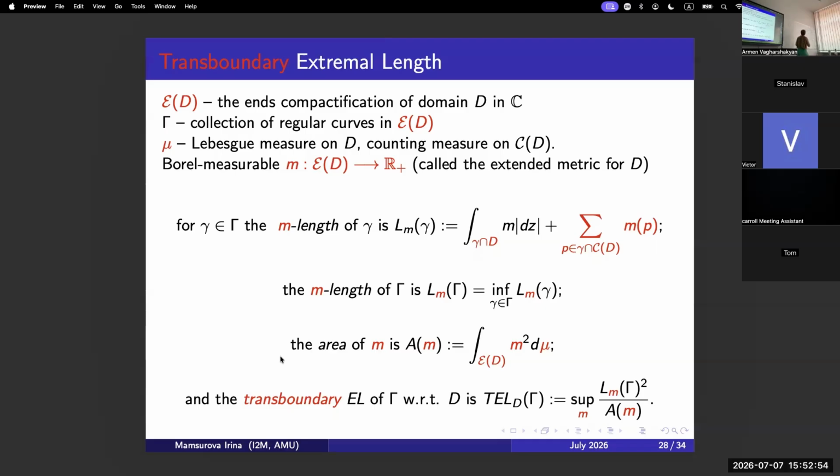So if we had a domain with a hole, before we couldn't say anything for a curve like that. And now for transboundary extremal length, we can say something about this curve or family of curves.